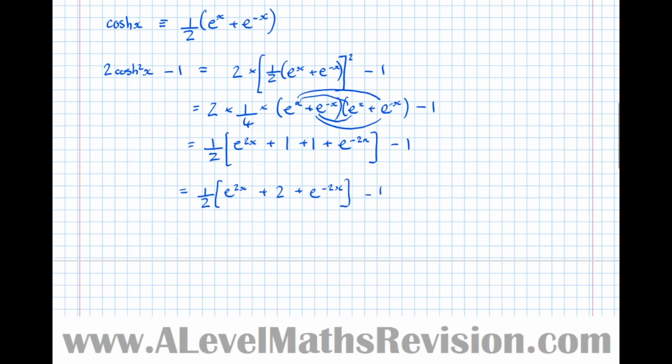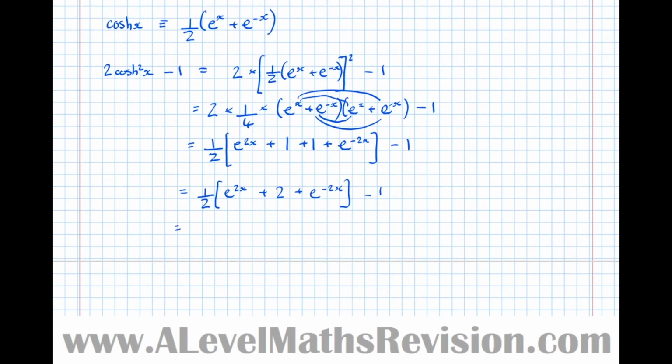Take 1 equals, I'm multiplying out just this term here, the 2. We get a half e to the 2x plus e to the minus 2x plus, and a half times 2 is 1.